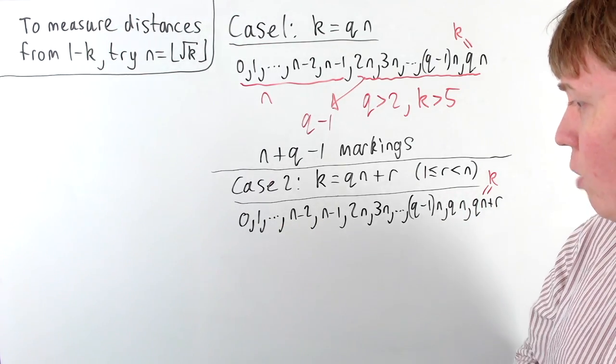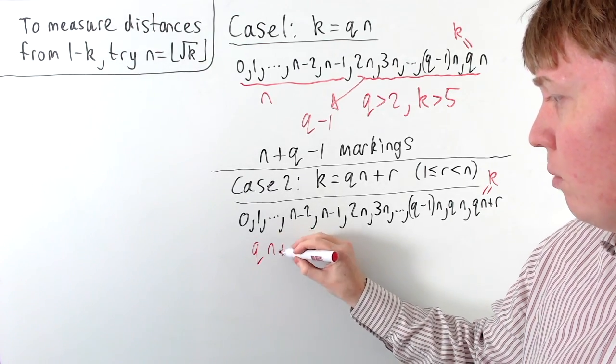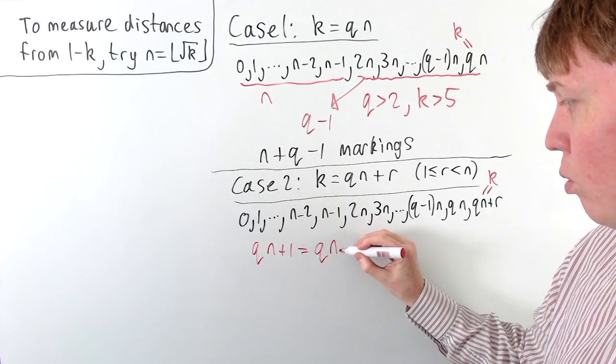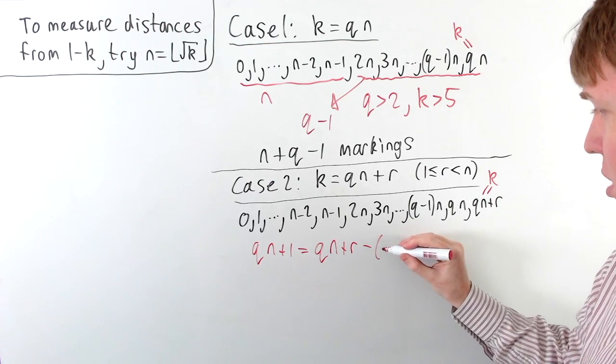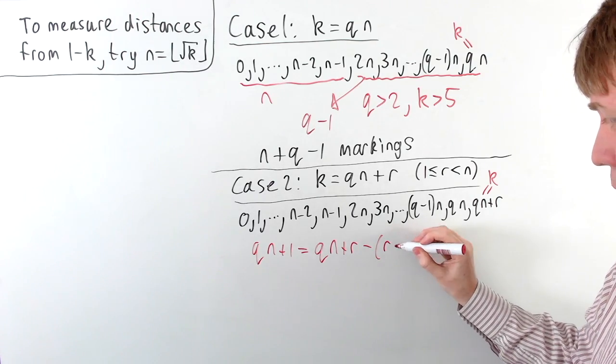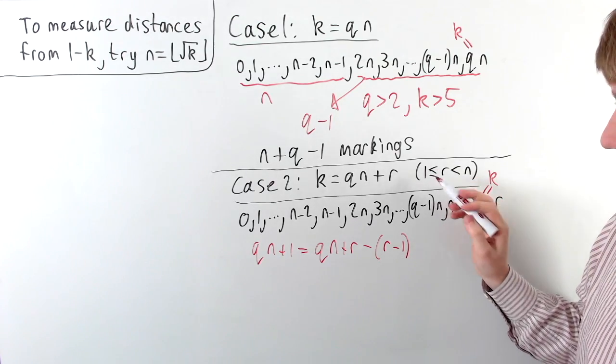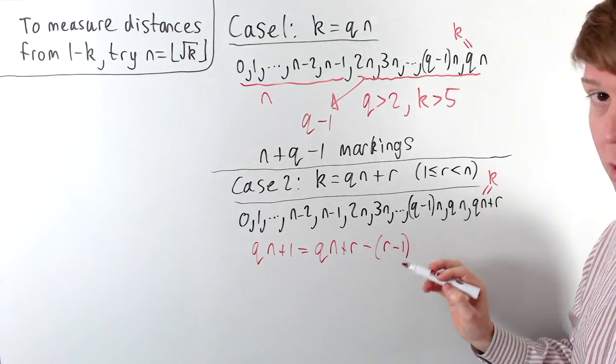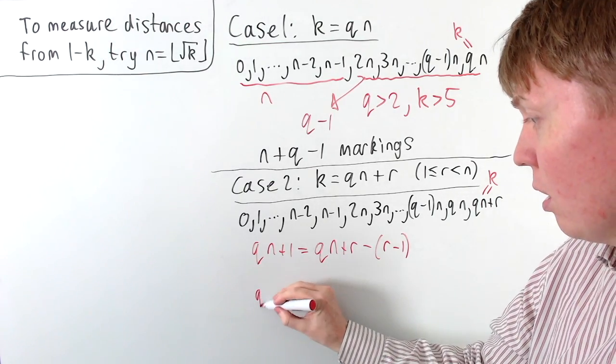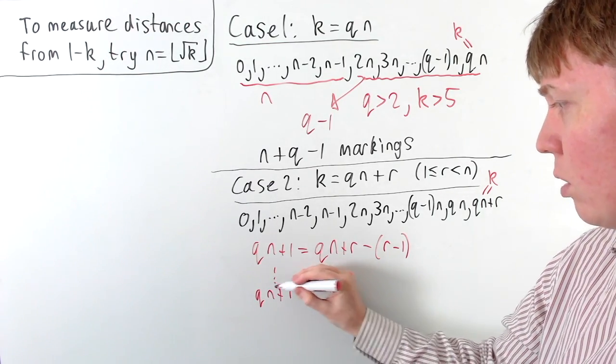And if we want qn plus 1, this is going to be equal to qn plus r minus, then to turn this into a 1, we just subtract r minus 1. And here, because r is greater than or equal to 1, we can definitely do this. And we need to go all the way up to qn plus r, so we can keep going like this.